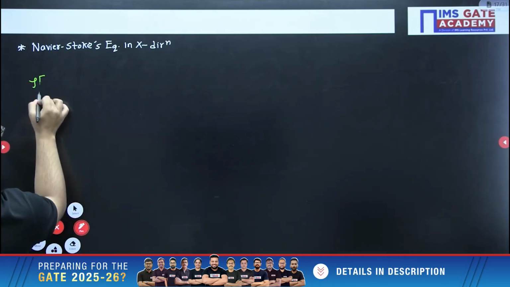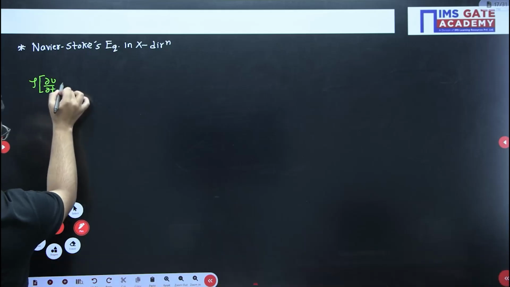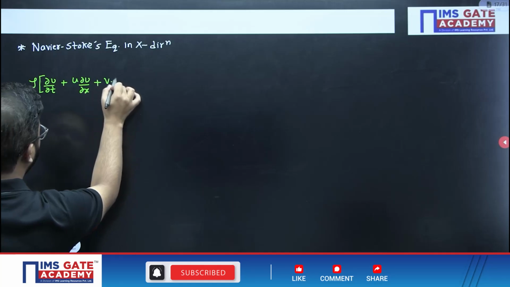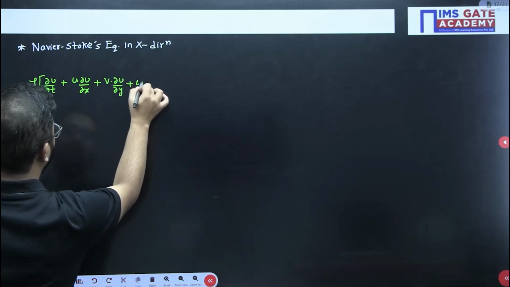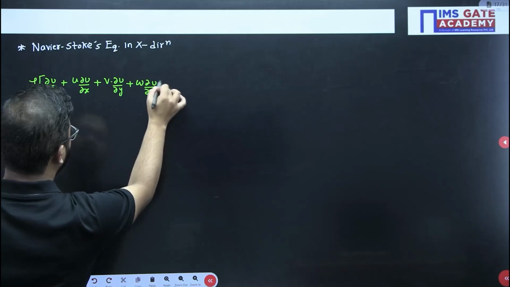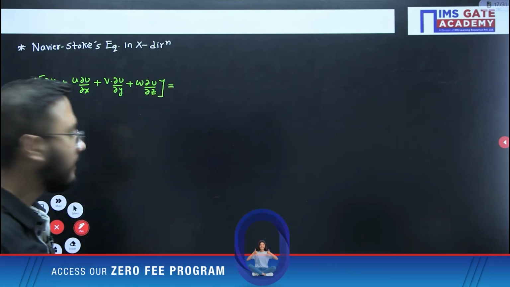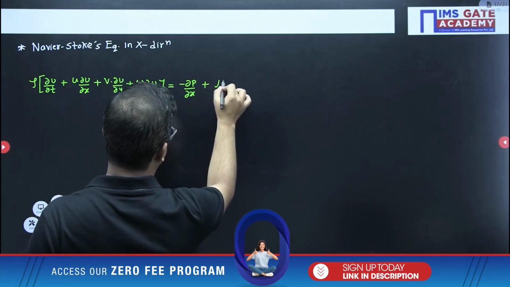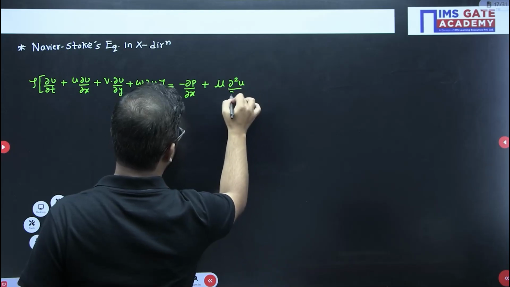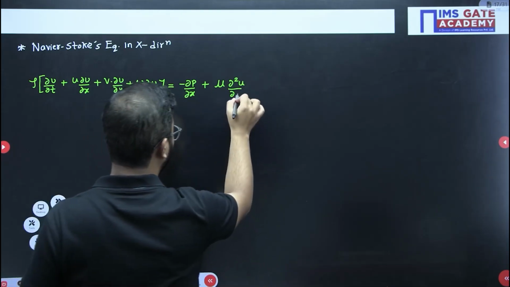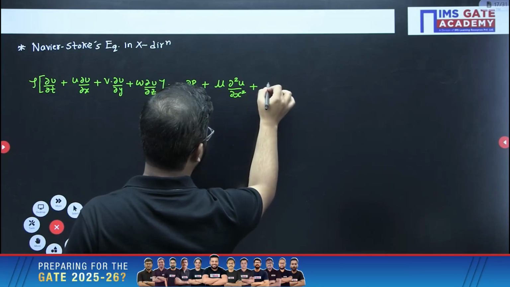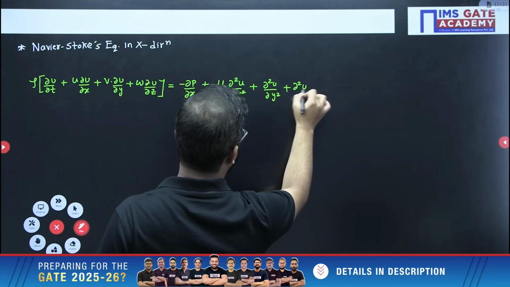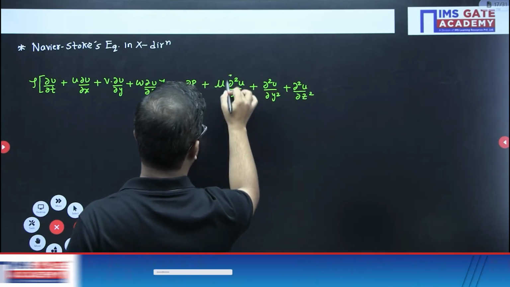Density rho, dou u by dou t, the acceleration a_x, will come here, u dou u by dou x, v dou u by dou y, w dou u by dou z, like this it will be there, equals minus dou p by dou x, plus mu times dou 2 u by dou x square, and then you will have dou 2 u by dou y square and dou 2 u by dou z square, like this.